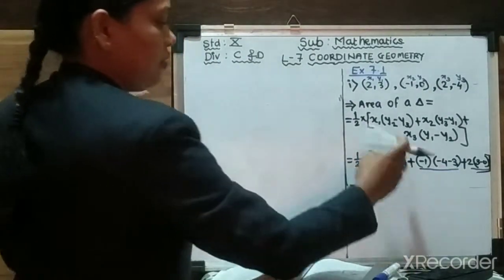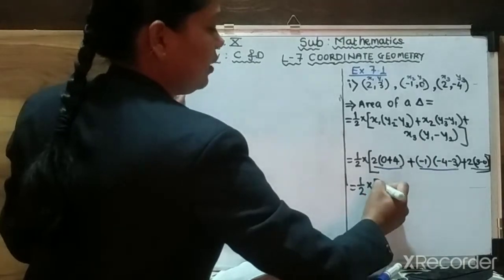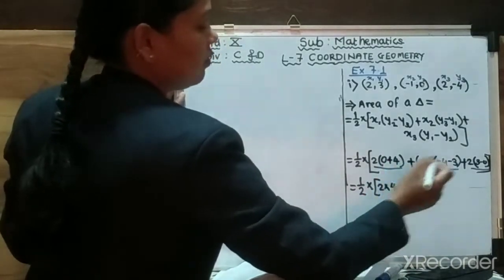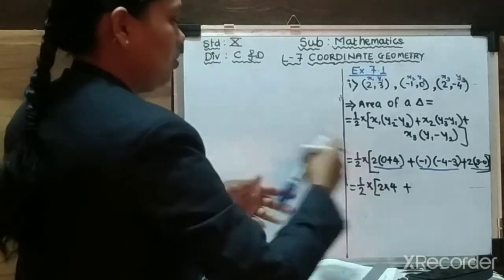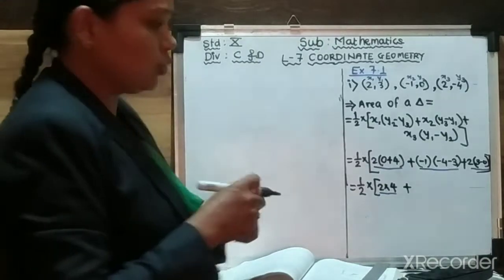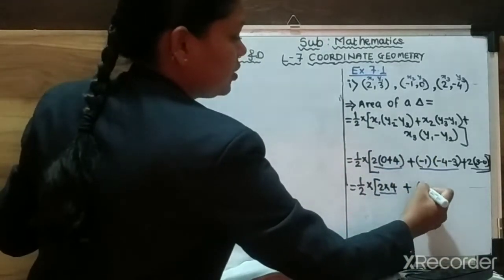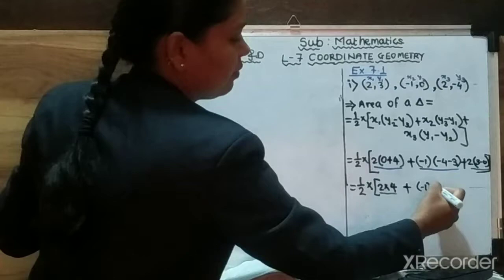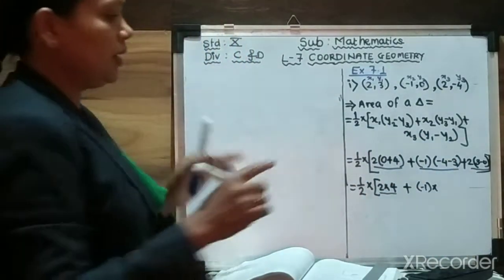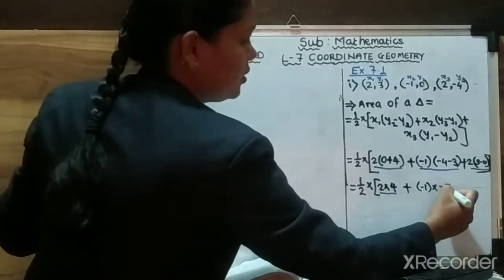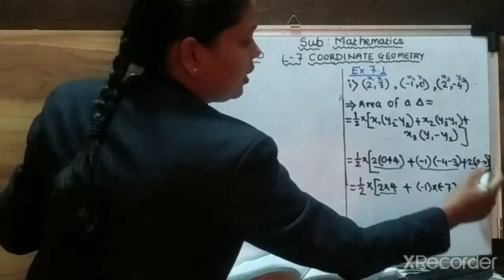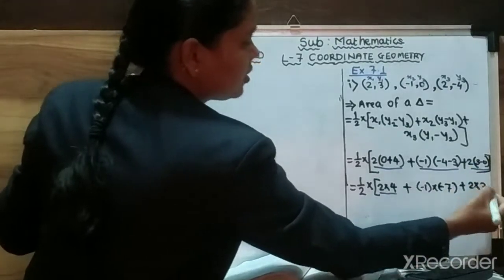So first we will solve the bracket. 2 multiplied by 0 plus 4 is 4, plus, now I'll put an underline below it because I just want to multiply those. Then minus 1 is multiplied with minus 4 minus 3, we'll do addition but the sign will be minus only. So minus 7, plus 2 multiplied by 3 minus 0 is 3.